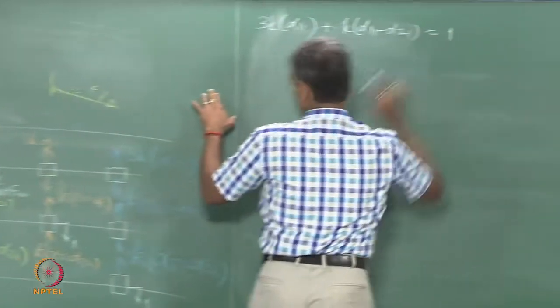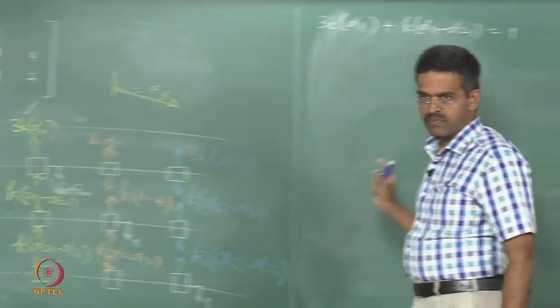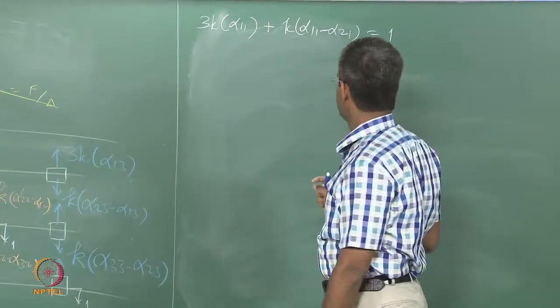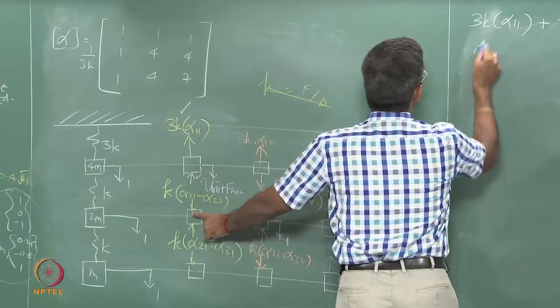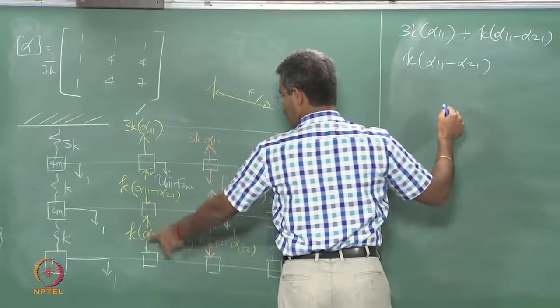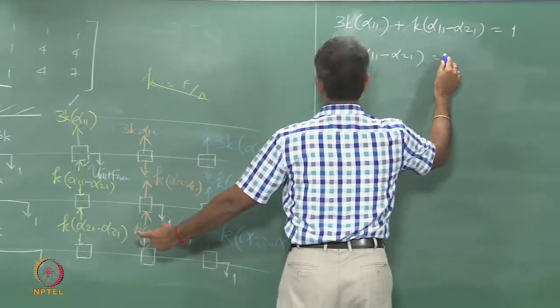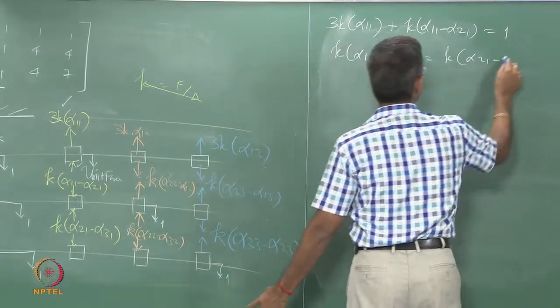Why? Because these two are upward, this one is downward. The second equation is written here, which is k times of alpha 1 1 minus 2 1, should be equal to k times of alpha 2 1 minus alpha 3 1.